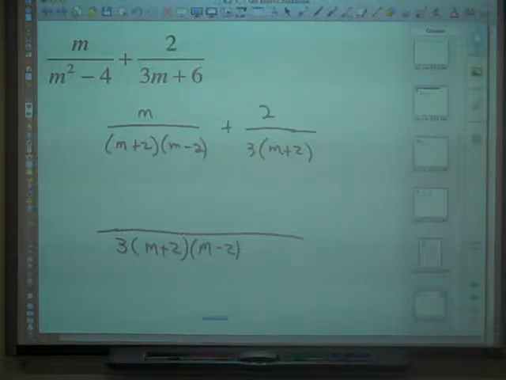Well, wait. No. It's 3m plus. Wait. No, but oh, because the second one is 2m. No, because of order of operations, that's not okay.